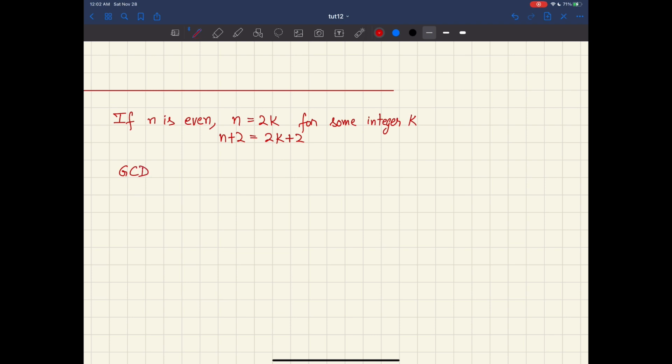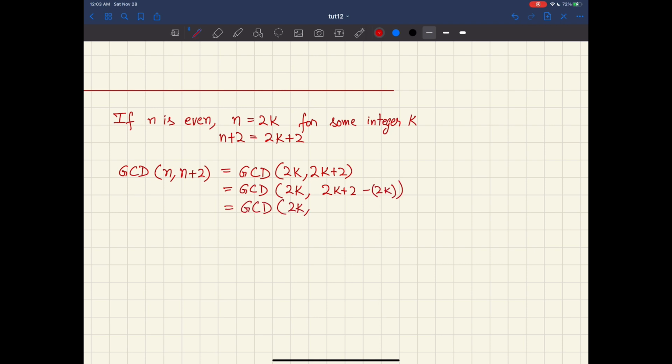So the GCD of n and n plus 2 is the same thing as GCD of 2k and 2k plus 2. Using the same Euclidean algorithm, this is equal to GCD of 2k and 2k plus 2 minus 2k, which is GCD of 2k and 2.